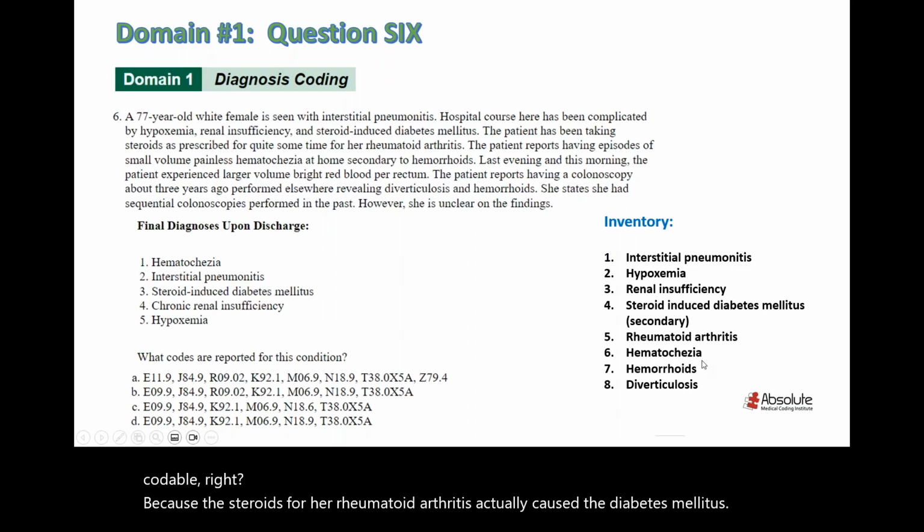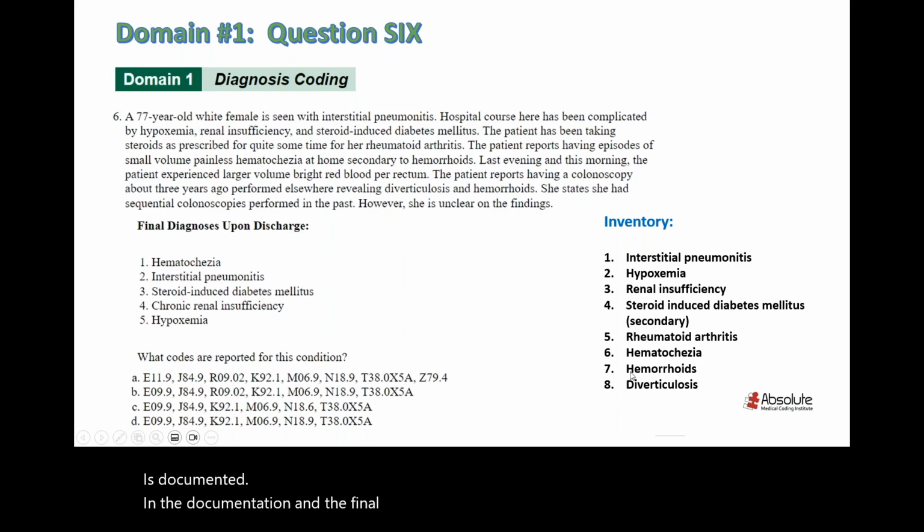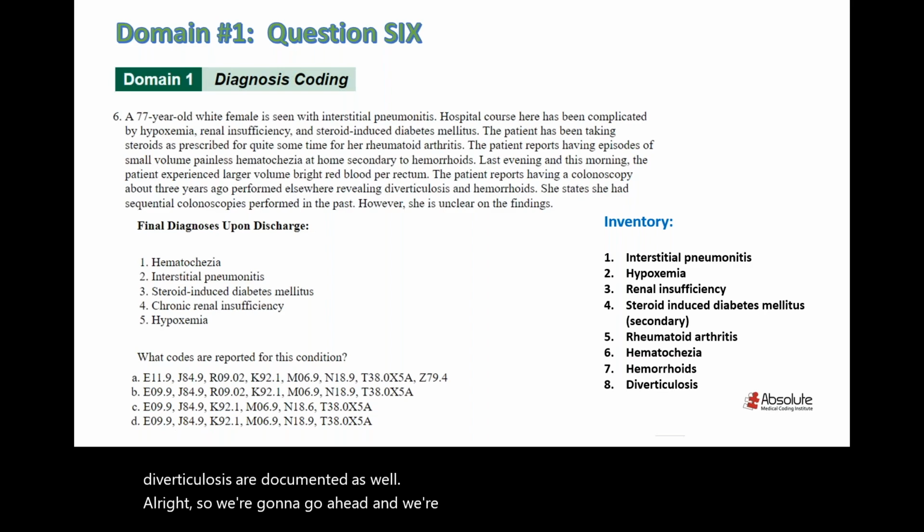Hematochezia is documented in the documentation and the final diagnostic statement. And also hemorrhoids and diverticulosis are documented as well. All right, so we're going to go ahead and solve this scenario.